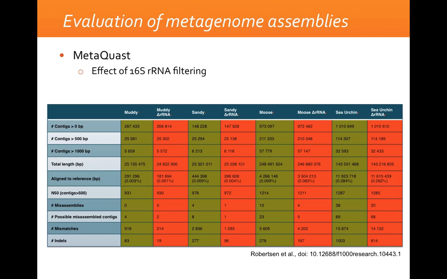They can create errors in the assembly, and they also make the assembly more complicated. So removing all the 16S RNA sequences from the sample before assembly has a very positive effect on the assembly. It will in all cases produce better statistics if you remove the 16S RNA reads from the sample.